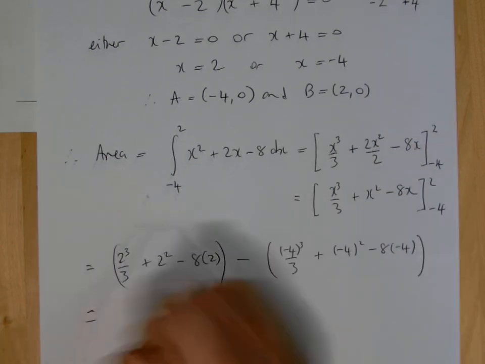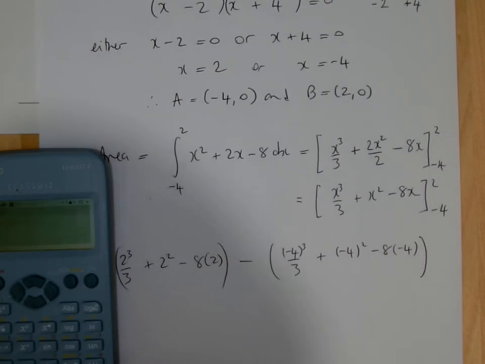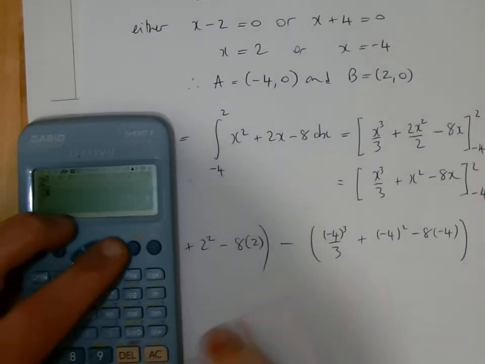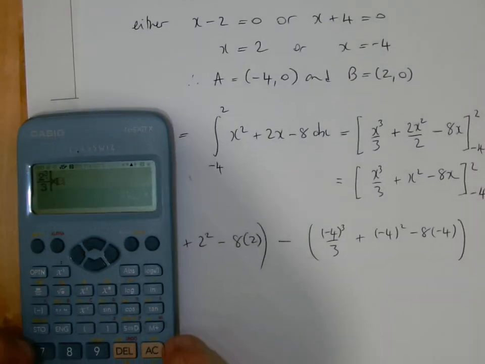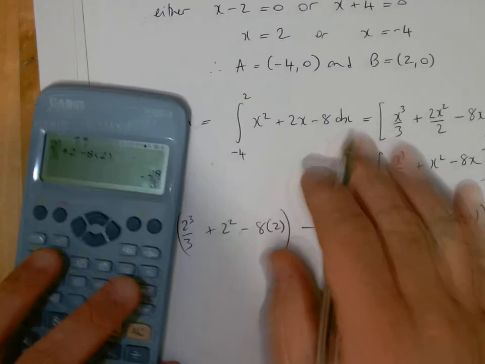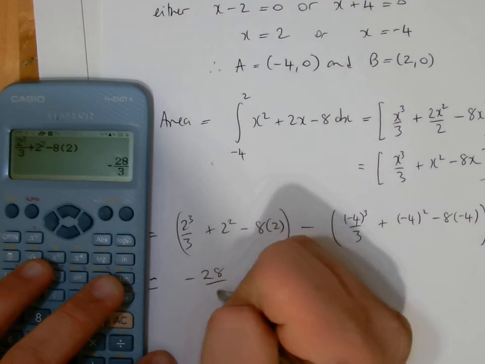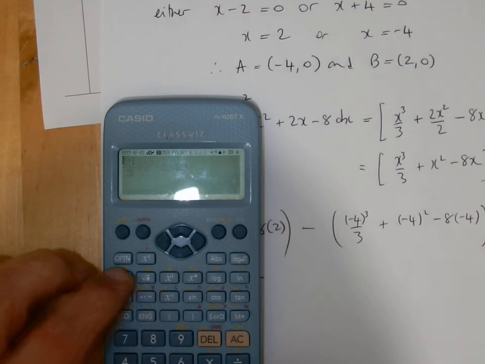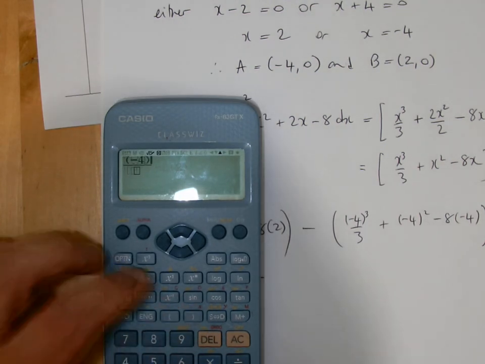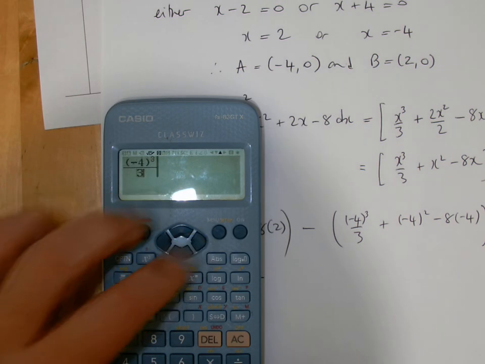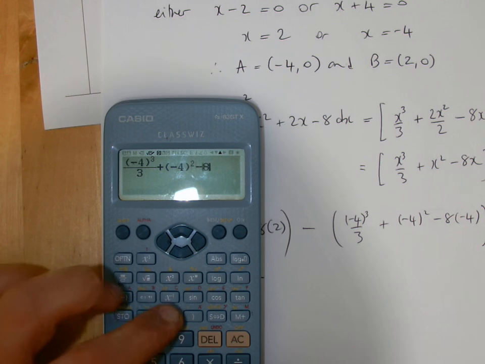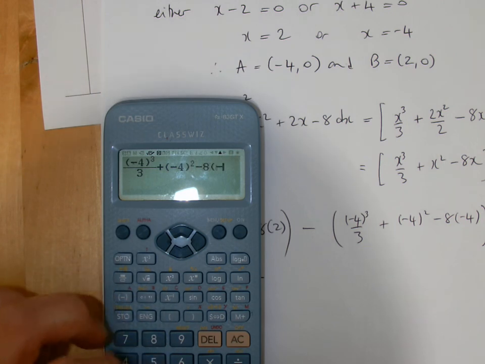On my calculator, let's work out this bracket first: 2 cubed over 3 plus 2 squared, take away 8 times 2. That comes out to be minus 28 over 3. And then take away, let's work that out: fraction, bracket minus 4 cubed over 3, plus minus 4 in a bracket squared, minus 8 times minus 4.